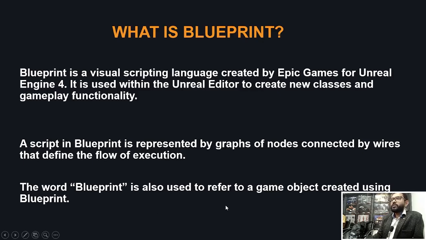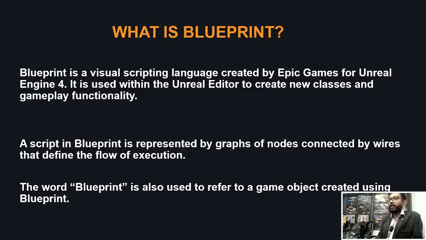And there will be a question: in the development part, scripting is needed, right? The scripting is done by C++ in Unreal Engine, but with blueprint there is no requirement of C++. You can create different types of scripts, connections, functions and logic only inside blueprint.